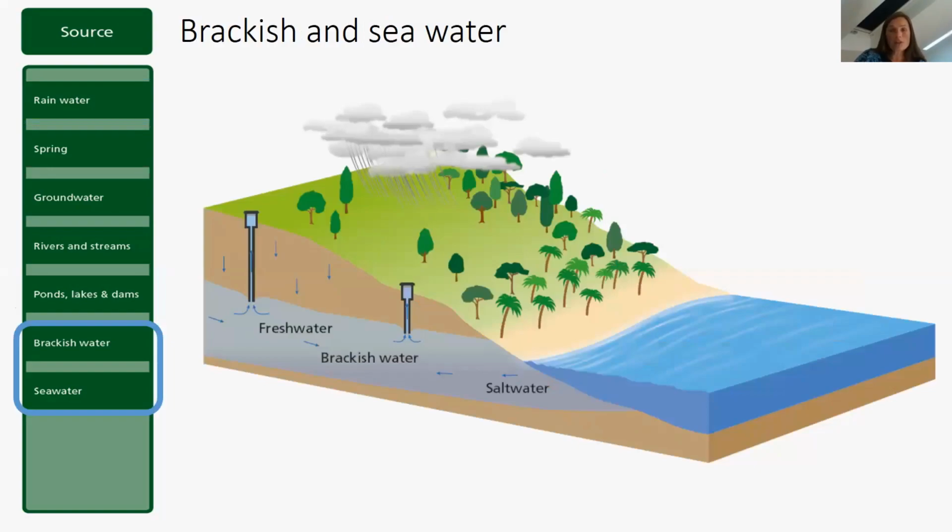For brackish and seawater, normally we don't see that as a water source, but sometimes we can be in a situation where there are basically no other sources available. Usually it's much easier to treat any other water source than to desalinate water, so we always have to look for another source when it's available. But if not, the compendium also discusses some of the technologies available for saltwater or brackish water desalination.